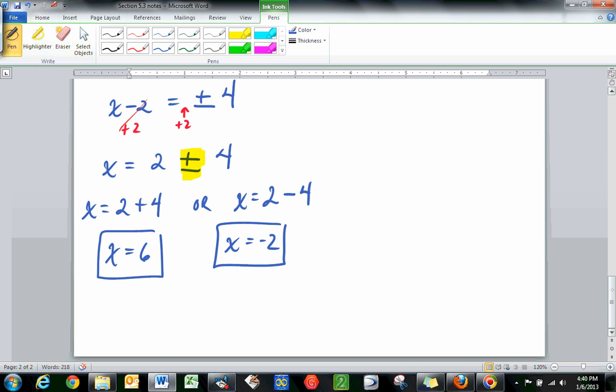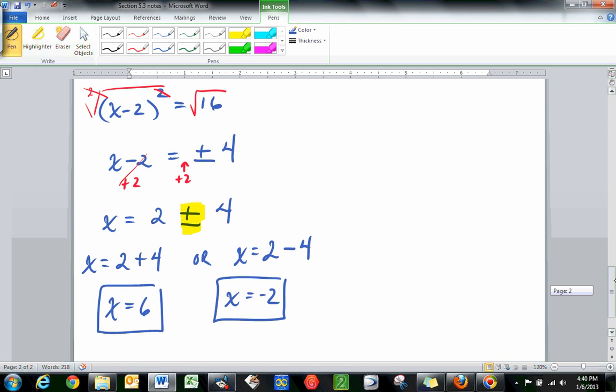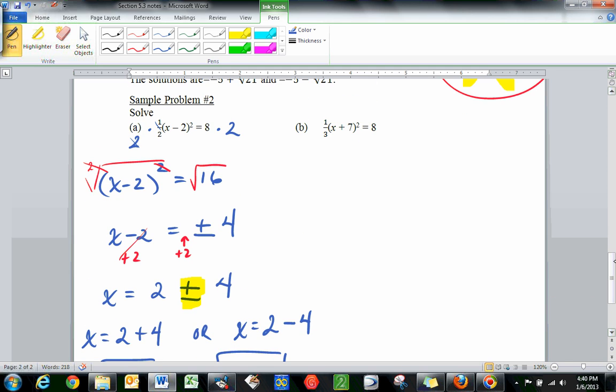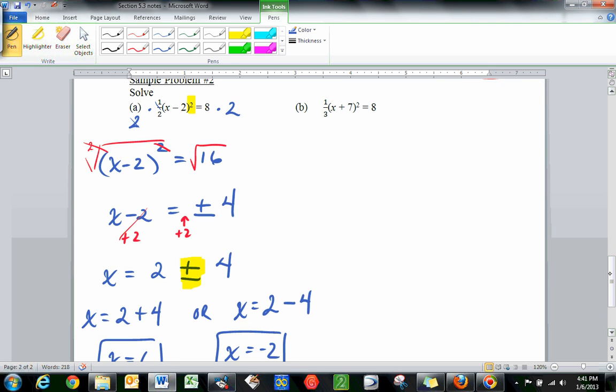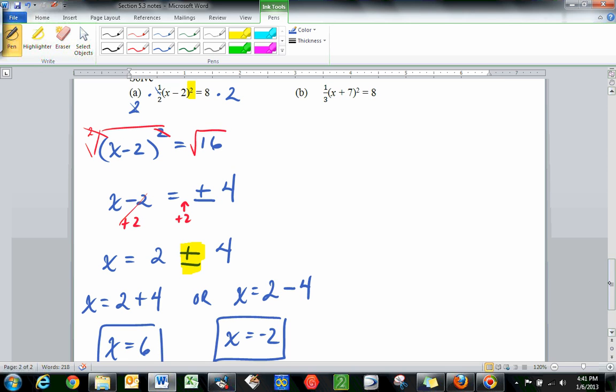Because it is a quadratic equation, the term is being squared. We have a squared term in there. That means we have two solutions when we deal with a quadratic, and so you can see we get two distinct real solutions, x = 6 and x = 2.